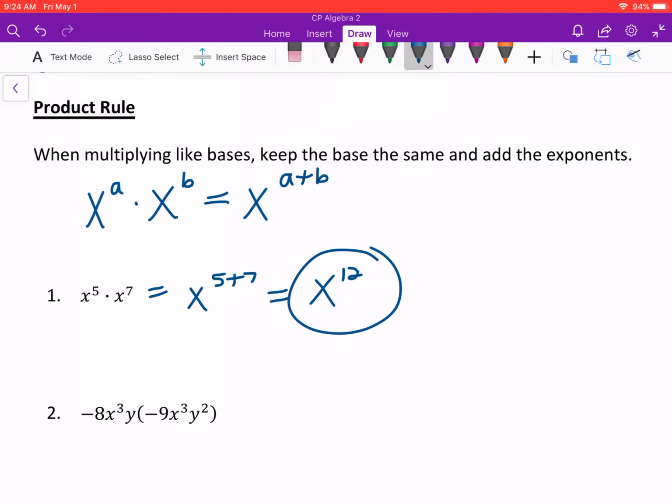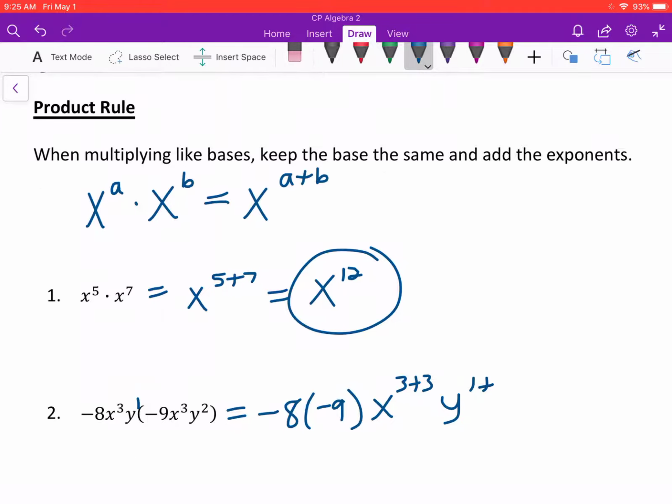For something like number 2, we can still use that. If we look here, though, we have two different variables. So we're going to have to add the exponents for the x's and then add the exponents for the y separately. So we're going to have negative 8 times negative 9 times x to the power of 3 plus 3 times y to the power, and there's no exponent written for that first y, so we can assume that's to the power of 1.